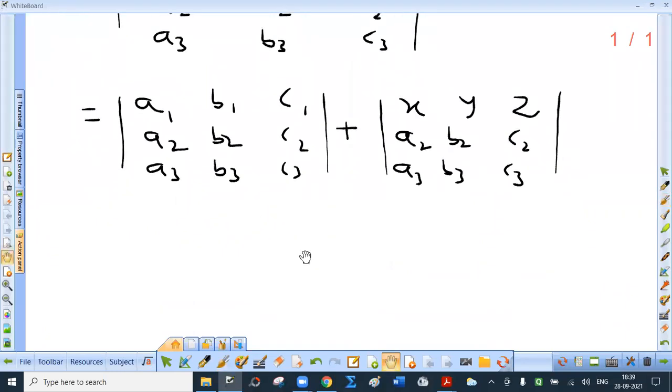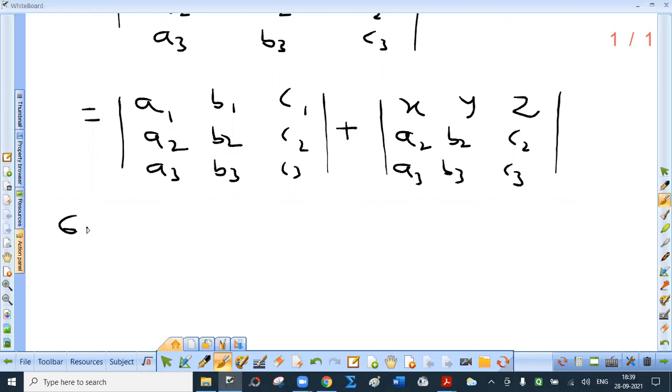Now the sixth property is the most important one. Let me tell you the property first. If to the elements in any row, listen to me carefully, if to the elements, now I will not use the word column because there is possibility of confusion.